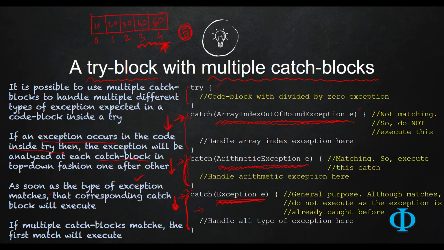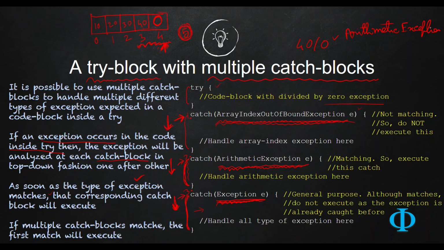For example, let's say your code is giving rise to a divided by zero exception, because the last number is 0 instead of 50. Whenever you divide 40 by 0, there will be an arithmetic exception.